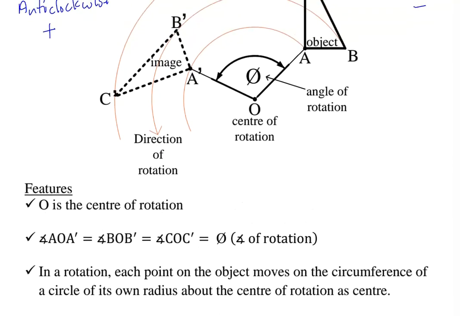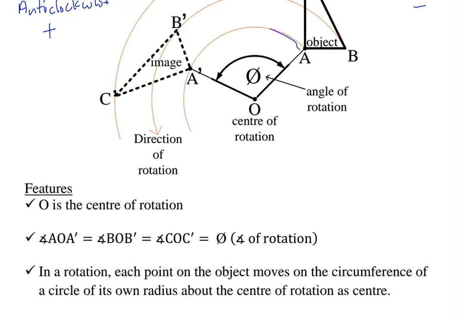So in a rotation, corresponding points on the object and image are on the circumference of the same circle.